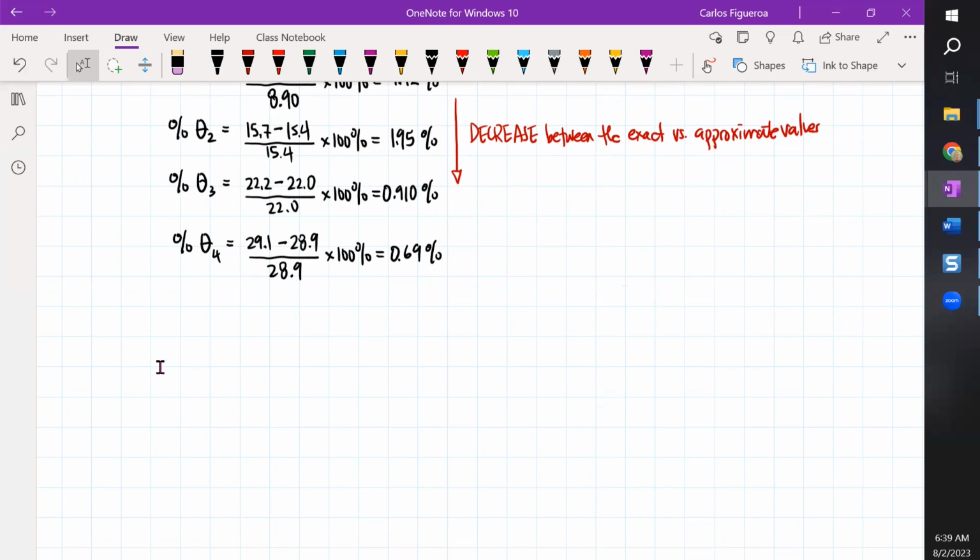So now what we want to do is calculate the intensities. To calculate the intensities, we need the phase factor.